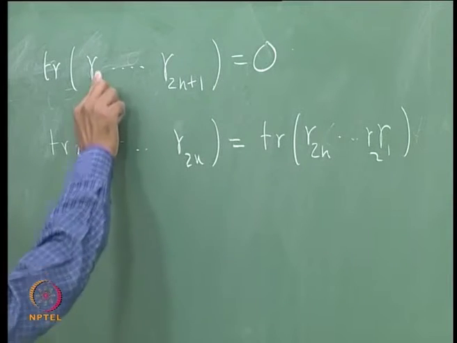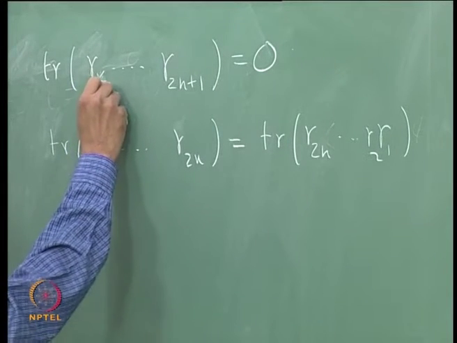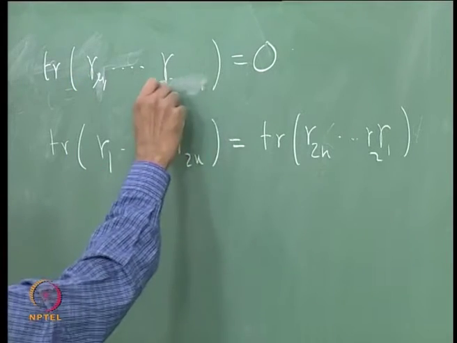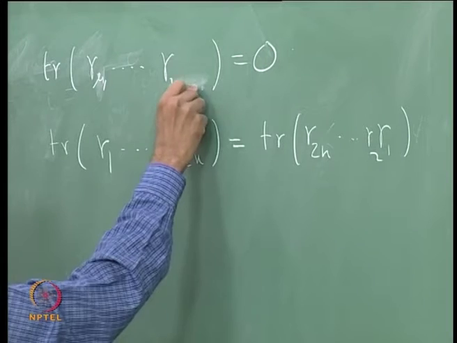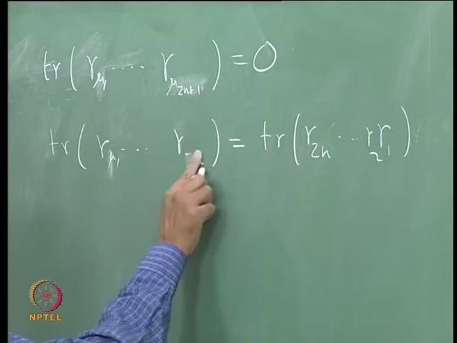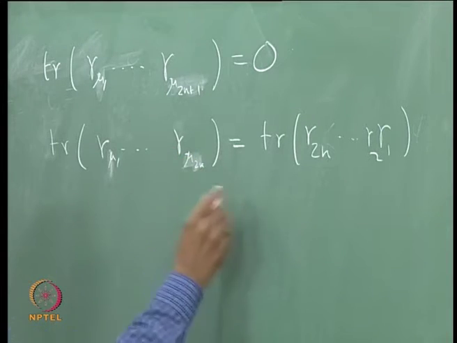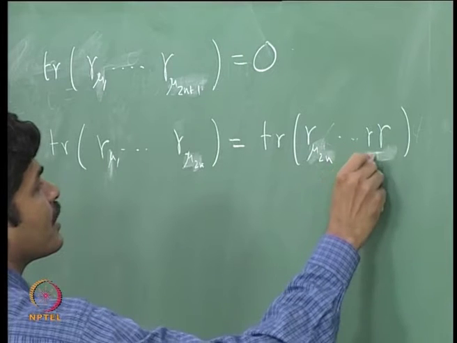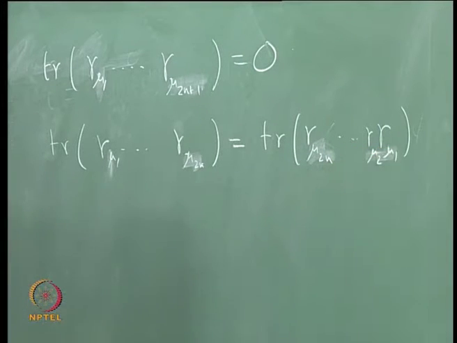So okay, let's make you happy. So this is mu 1. This is mu 2n plus 1, okay, and this is mu 1, mu 2n, this is mu 2n, mu 2, mu 1, okay. So to do that, we will use the following thing.